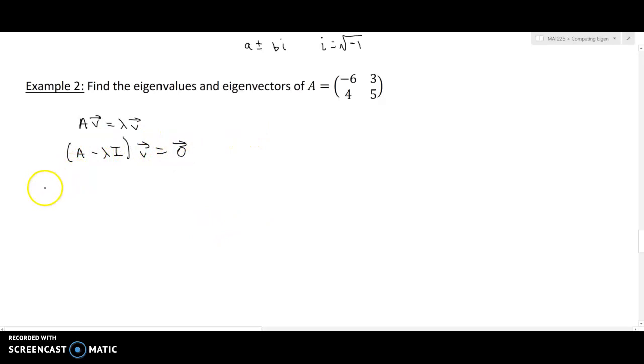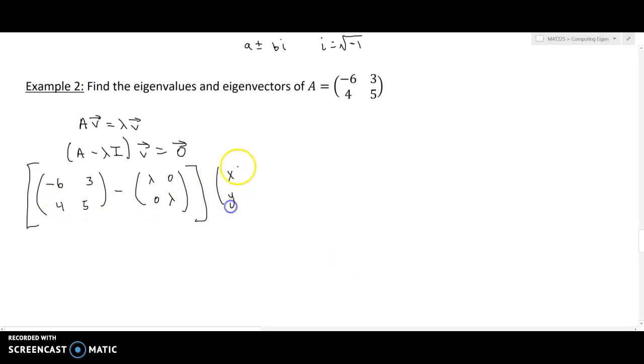So if I take A, which is [-6, 3; 4, 5], and subtract away lambda I, which is [lambda, 0; 0, lambda], that's this whole coefficient matrix here, multiplied by some xy vector equals the 0 vector.